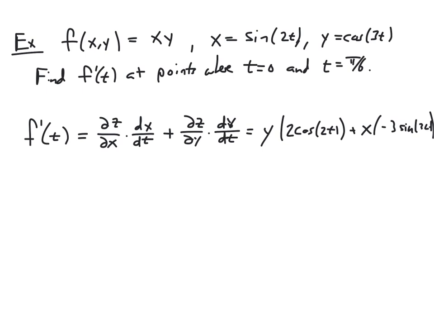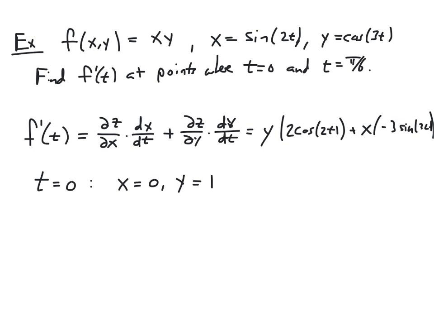All right, so this is our function. And again, we could put in y and x if we wanted to, but in this case, it's not necessary. We know when t is equal to 0, we know the values of x and y there. We know that x is going to be sine of 0, which is 0. And we know y is going to be the cosine of 0, which is 1. So we know x is 0 and y is 1.